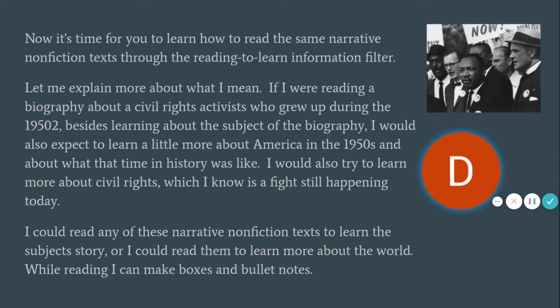I would also try to learn more about civil rights, which I know is a fight still happening today. I could read any of these narrative nonfiction texts to learn the subjects of the story, or I could read to learn more about the world. While reading, I can make boxes and bullets.